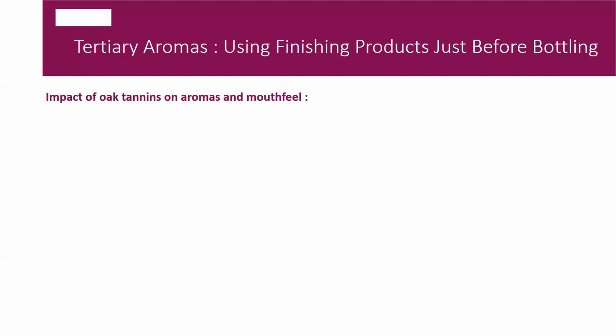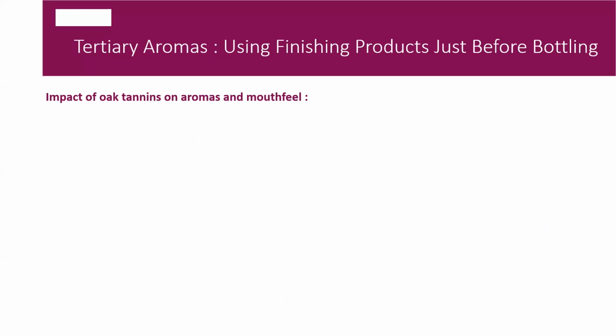So last but not least, I wanted to say a few words on tertiary aromas, because this is something you can also do just before bottling. Using oak tannins can really impact your wine aromas.